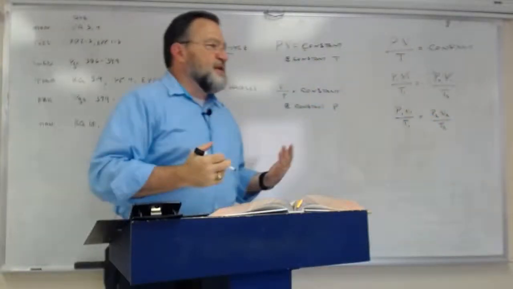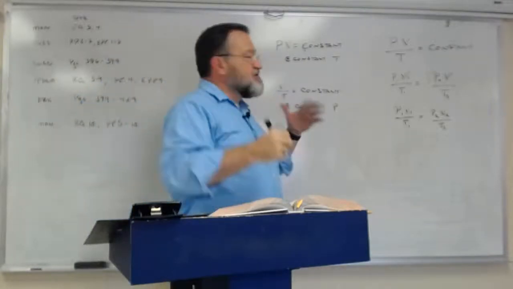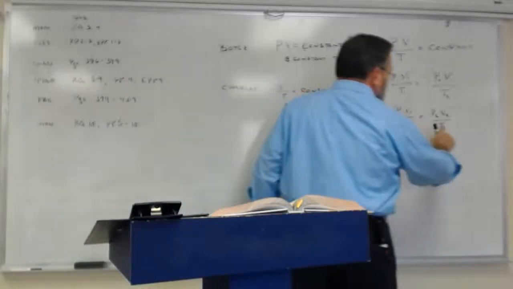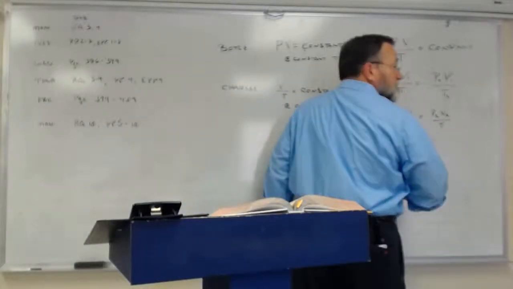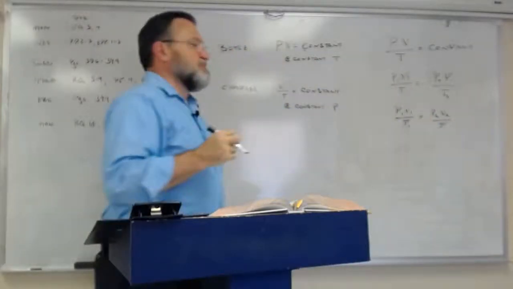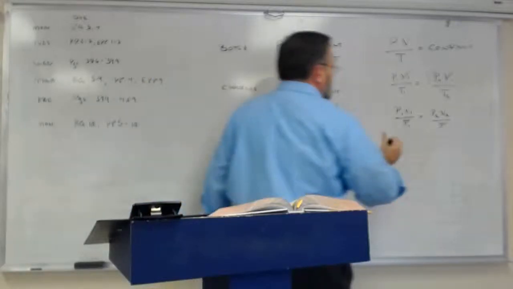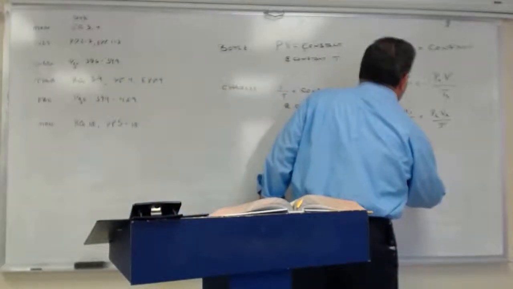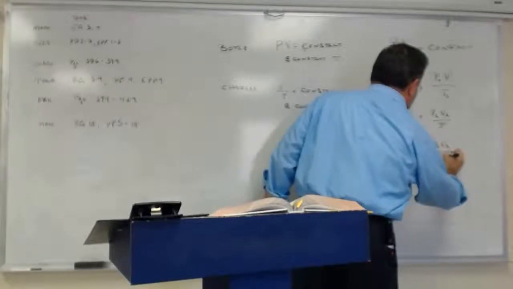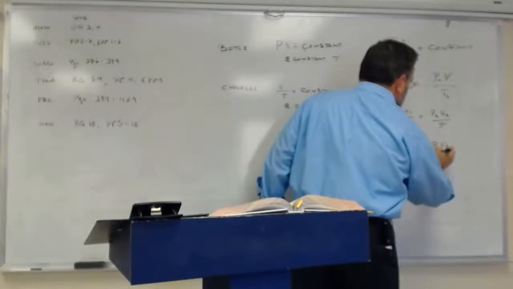If you're working a problem and it says it's going to be at a constant temperature, well, if T2 is equal to T1, I can eliminate that from consideration, and I'm just left with P1 V1 equals P2 V2. And lastly, if pressure is constant, that means that P2 is equal to P1.